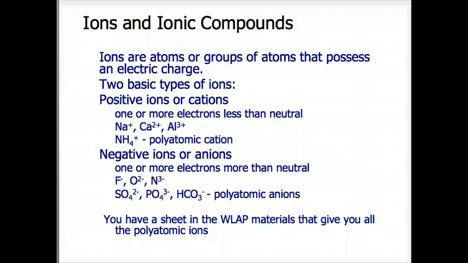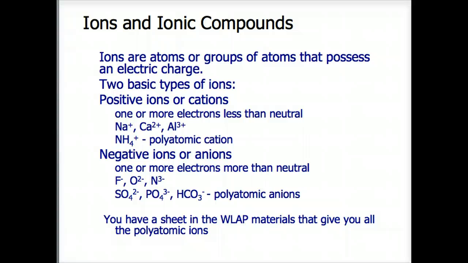Negative anions gain electrons, so I get fluorine -1 or fluoride, oxygen with a -2, and nitrogen with a -3, that's nitride. I also have polyatomic anions: sulfate, SO4 2-, phosphate, PO4 3-, and carbonate, and hydrogen carbonate, HCO3-.